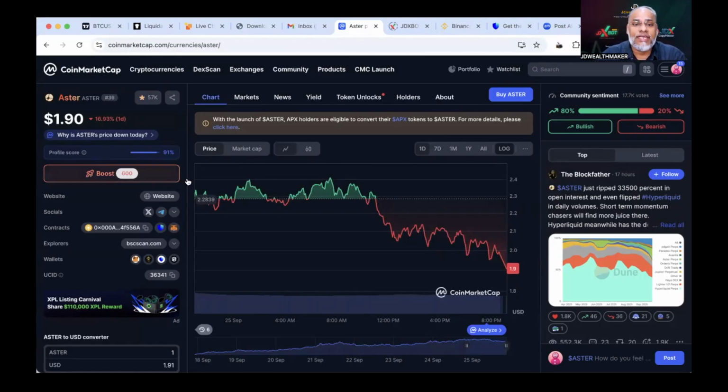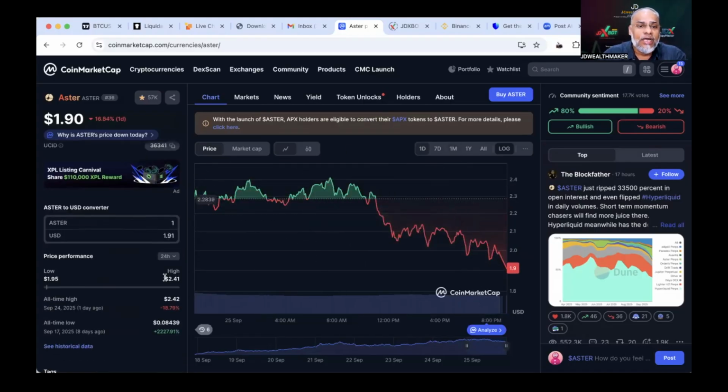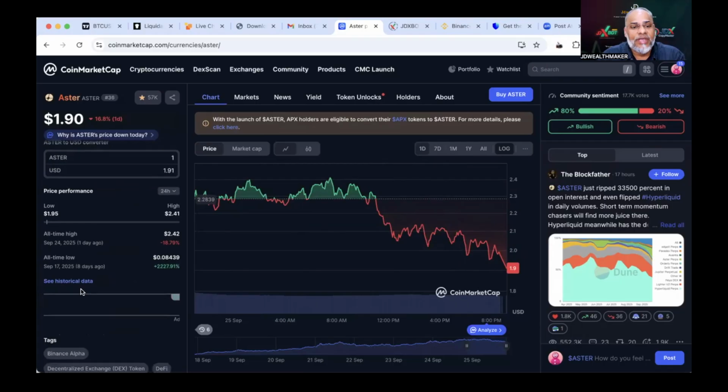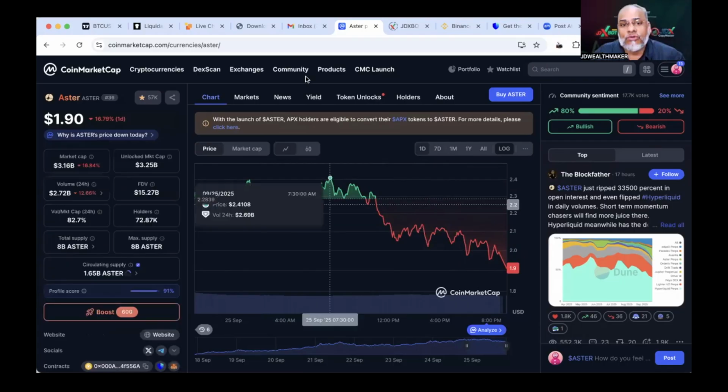If you are doing weekly, the price can be different. So far, the highest price has already hit about $2.41. The lowest is around $1.95. It is now around $1.90. This statistic will be updated. Can you see that? So you can start to buy anytime you want to.